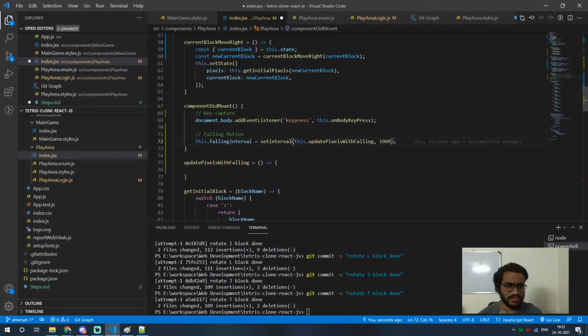I think 1 second is too much. Every 500 milliseconds, the pixels update.